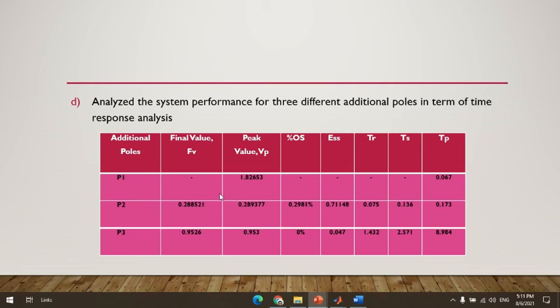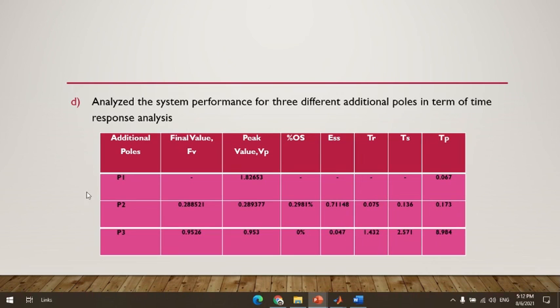And for the P1, we cannot find the final value because it has no stability. It has no stable state, which makes it hard to find the final value, and the overshoot percent and the ESS error percent we cannot find because there is no final value that we can determine on the P1.